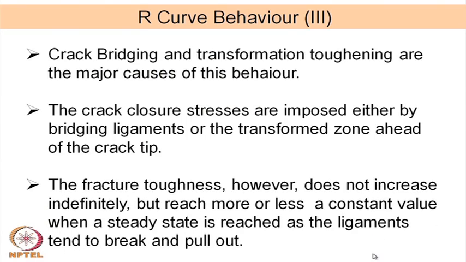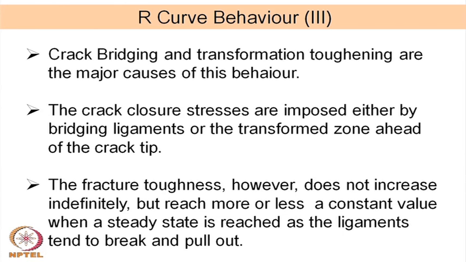Similarly, if you have a large number of fibers in front of the crack tip, then these fibers act as anchors, and the crack cannot propagate in the forward direction. That is how the toughening is increased as the crack tries to propagate further.